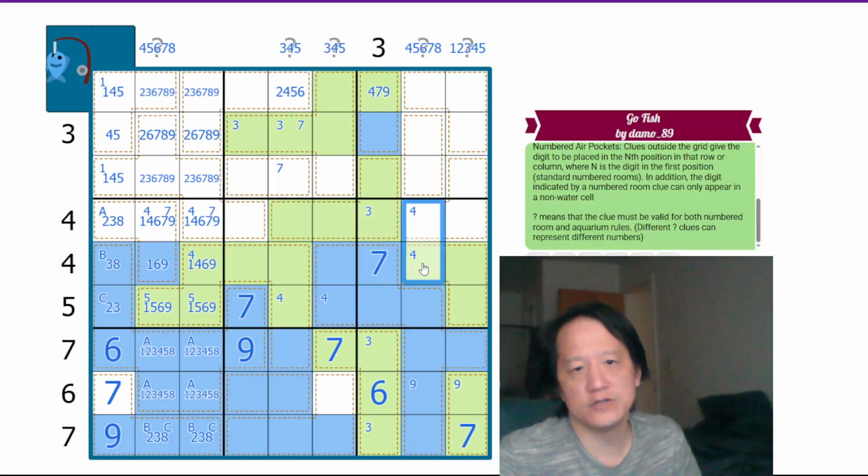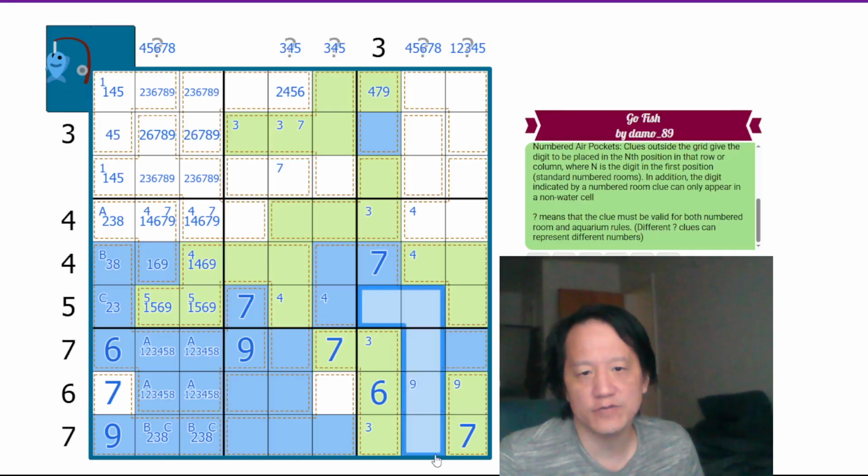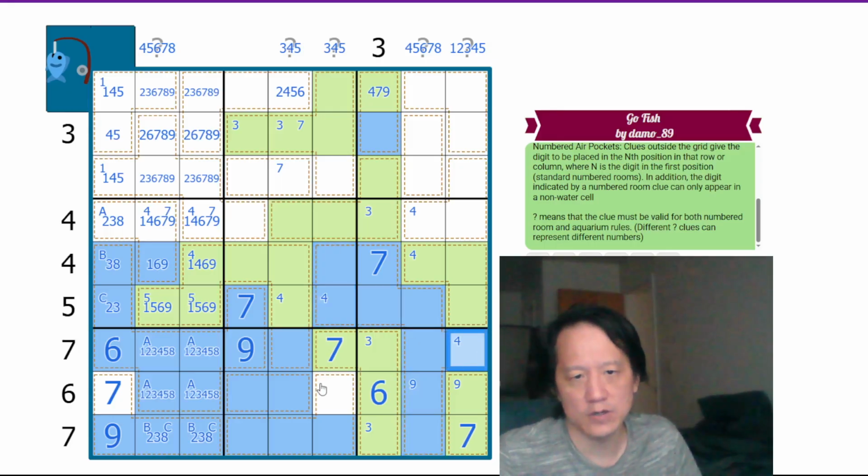So 4 is guaranteed to be one of those two, so none of these can be 4. This can't be 4 because of there, so we have a 4 here or a 4 here.